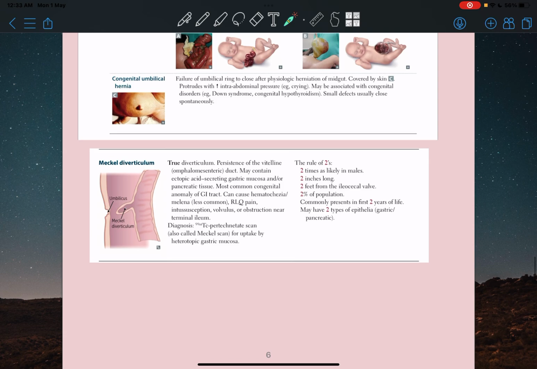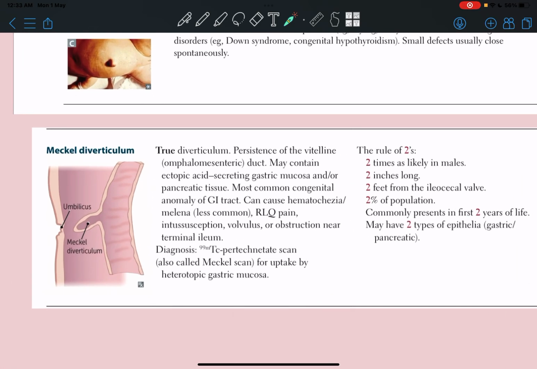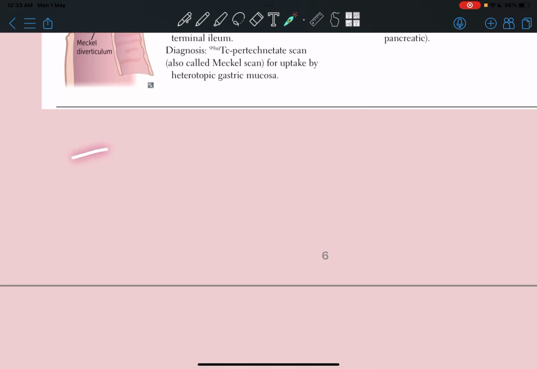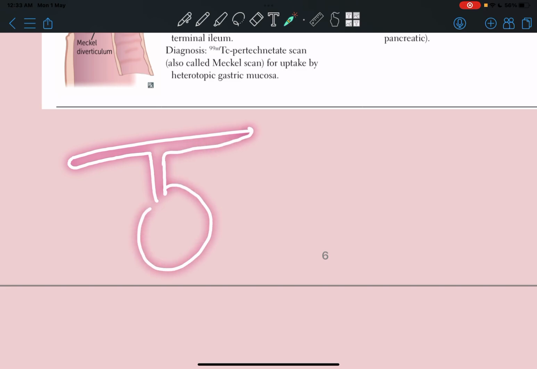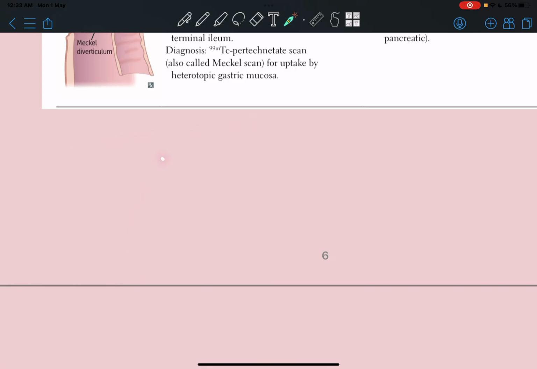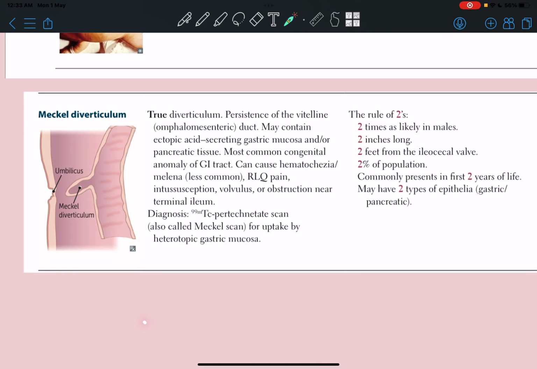Coming to the last thing, Meckel's diverticulum. So why are we discussing it in midgut? So the GIT tube is actually connected to the yolk sac with a duct called the vitellointestinal duct. So this normally gets occluded and it's not persistent, but if it persists, it can lead to a diverticulum, and there are types.